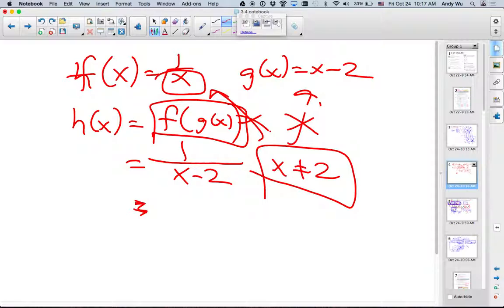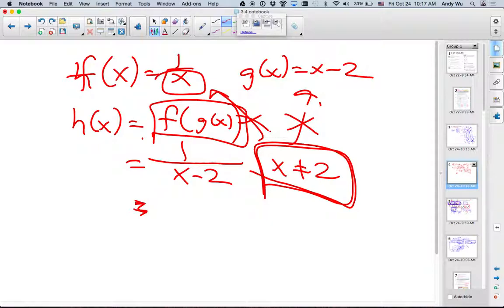And h can't take 0, so we have to avoid g giving it 0. We have to avoid x being positive 2. So you have to think through it. Sometimes it depends only on the h, sometimes on the f and g. The moment you write it down without simplifying is the moment you want to check.